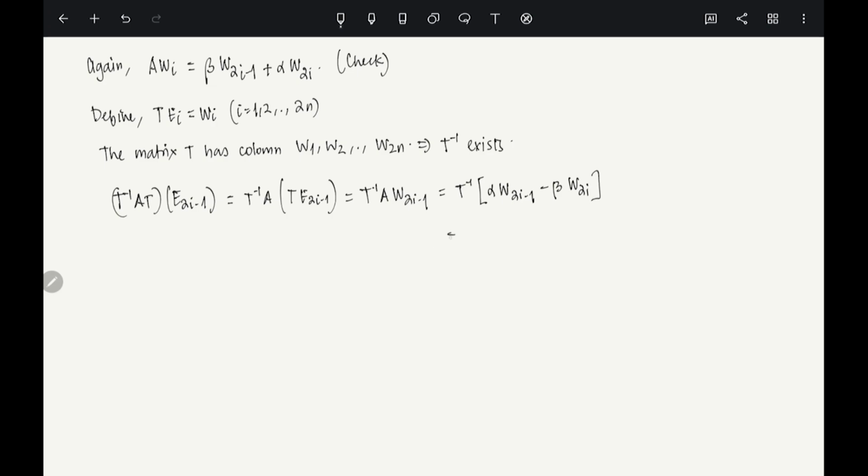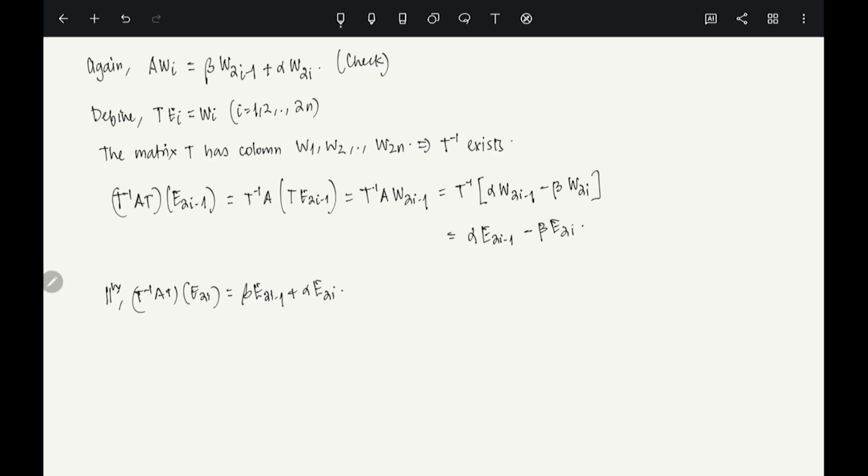Clear? Now T inverse is a linear map, so I can take everything inside. So this becomes alpha times E_{2i-1} minus beta E_{2i}. Clear? Now similarly you can check that T inverse AT acting at E_{2i} is nothing but beta times E_{2i-1} plus alpha times E_{2i}.